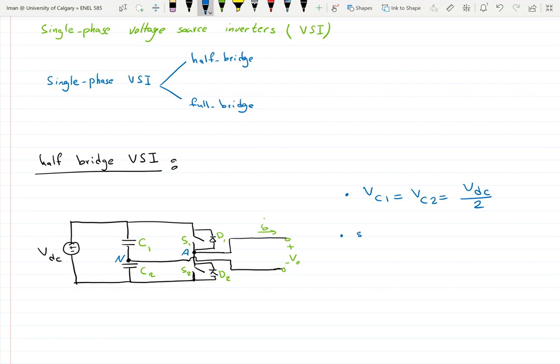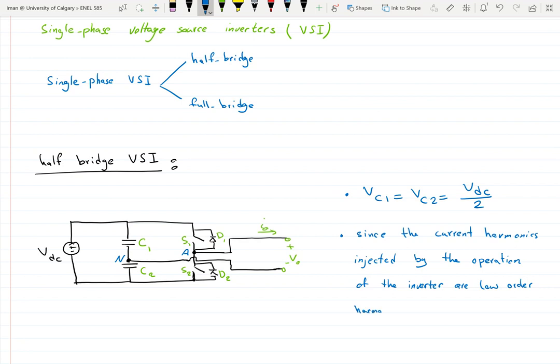And since the current harmonics injected by the operation of the inverter are low order harmonics, large capacitors C1 and C2 are required.